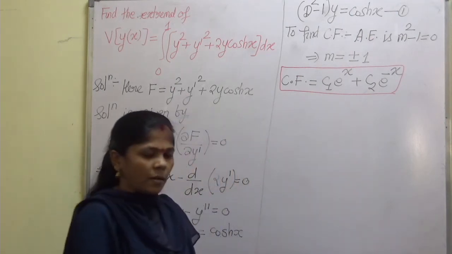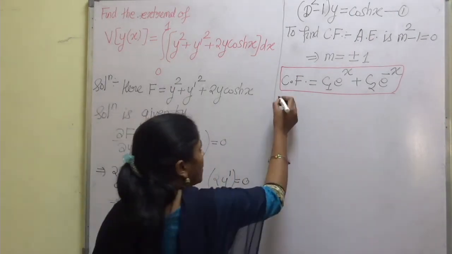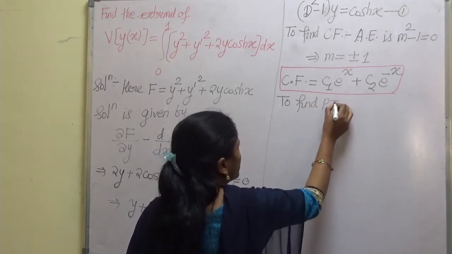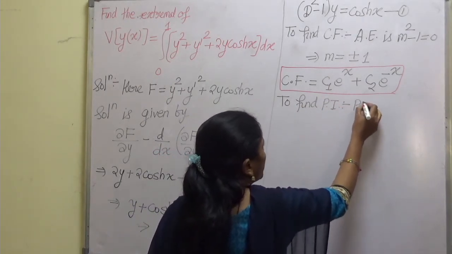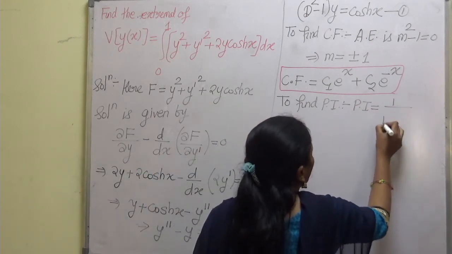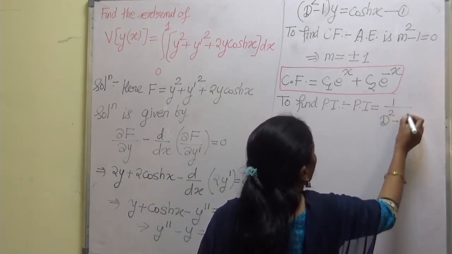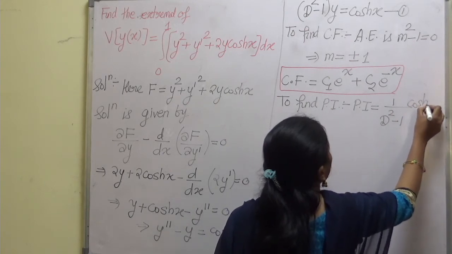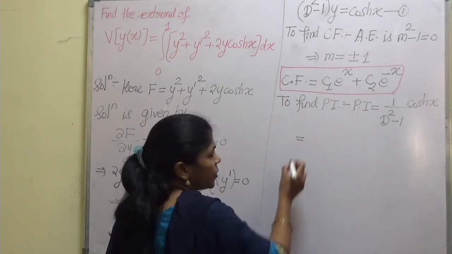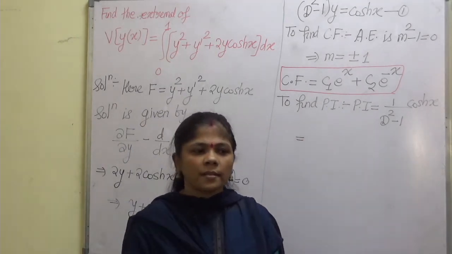Okay, now let us find PI. To find the particular integral, PI is equal to 1 upon D square minus 1 operating on the right hand side, that is cos hx. Now do you have any rule for cos hx directly?